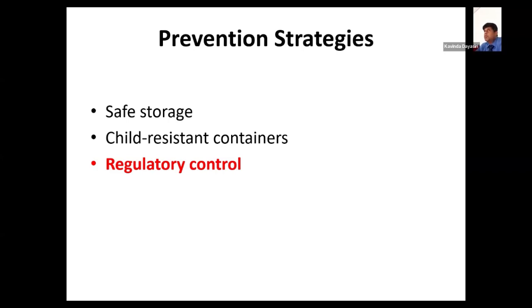And when you have more toxins in your surroundings like this, and if you have depressive thoughts, you can easily access them without knowing the lifelong risk or the suffering they can bring. So it's very important to regulate. Regulatory control will be the key method of prevention.